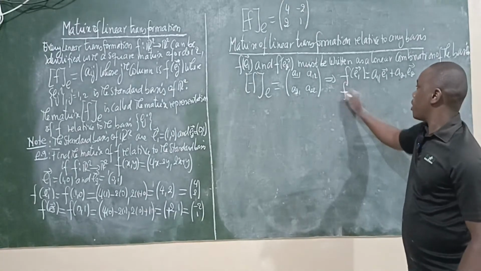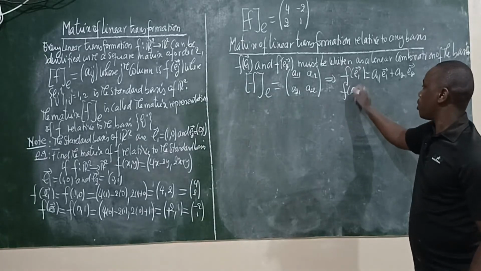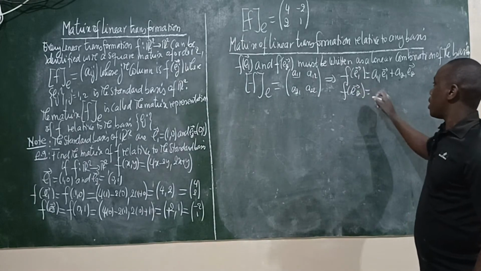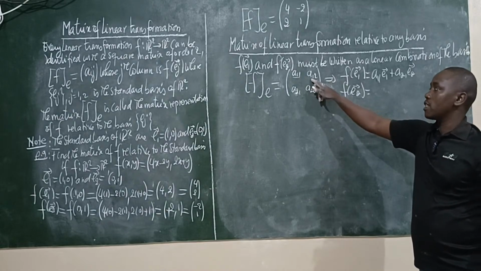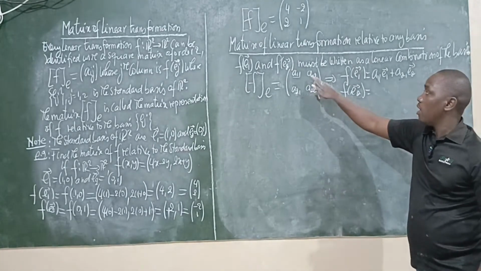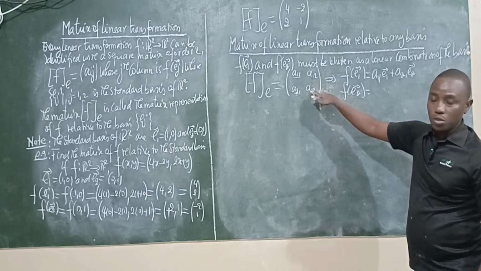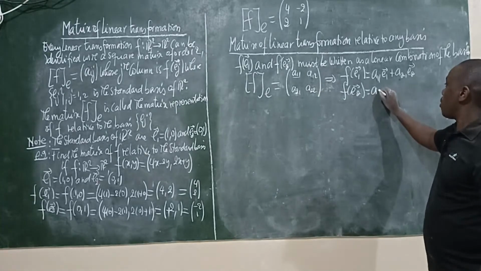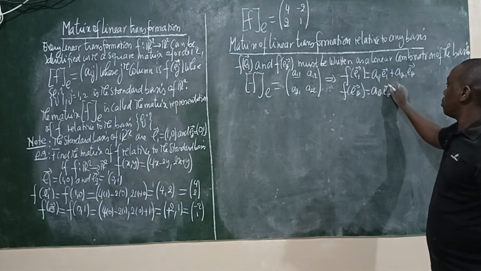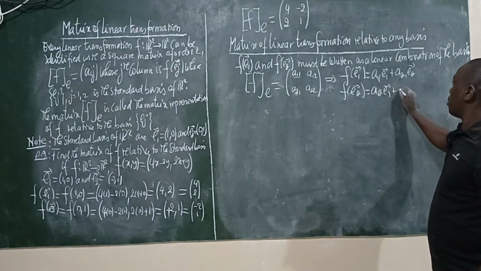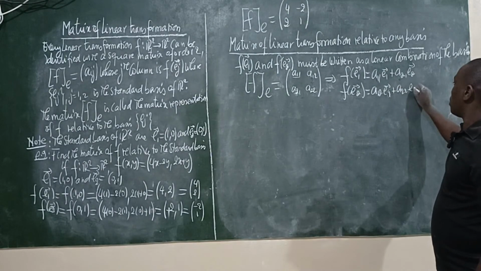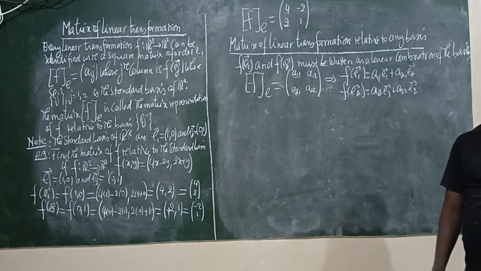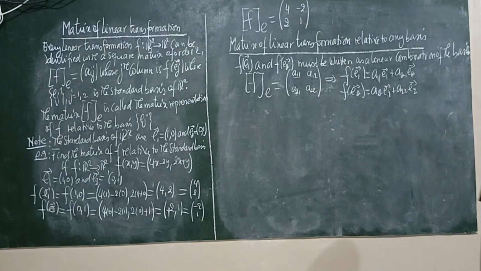So f of e2 also, we consider this, a12 and a22. There is a12 e1 plus a22 e2. Here it is.